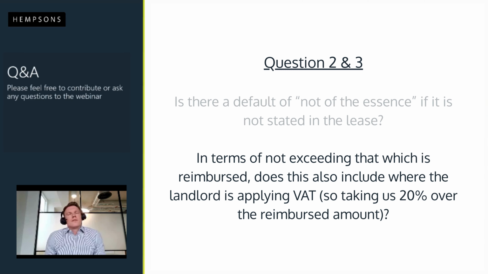So I think this is describing a situation where the landlord has started to charge VAT during the lease term, because if the landlord was going to charge VAT from the start, that would hopefully have been clear, and hopefully would have been approved as part of the lease approval process at the outset, i.e. the rent plus VAT, all of which would be reimbursed.